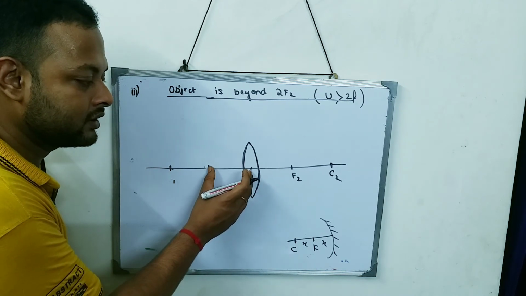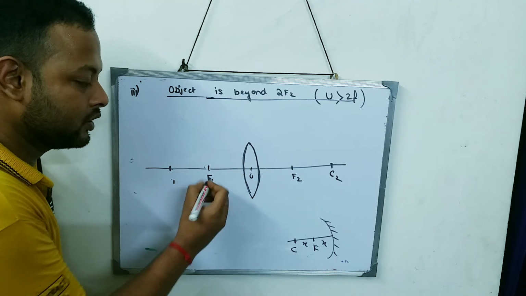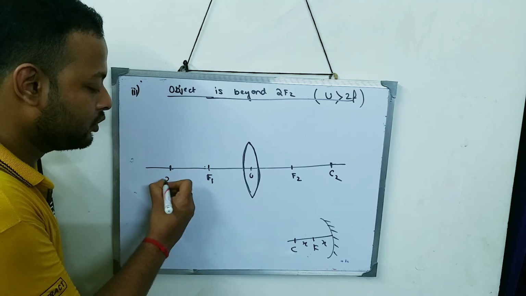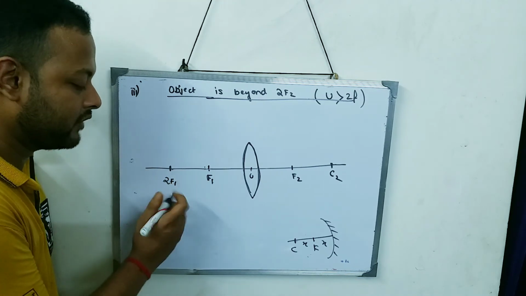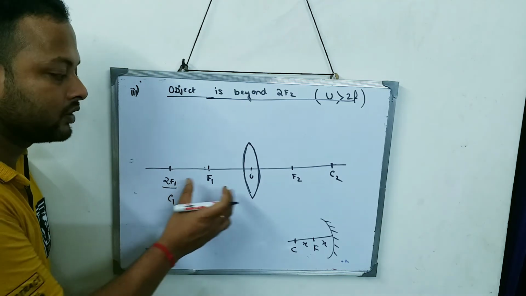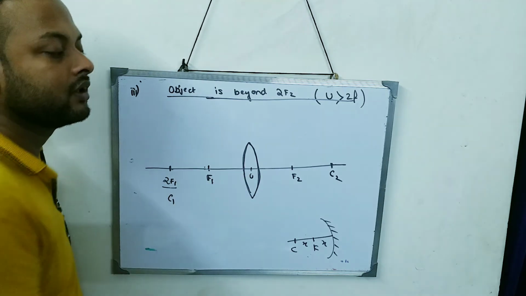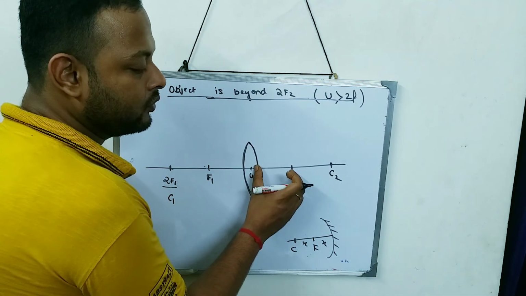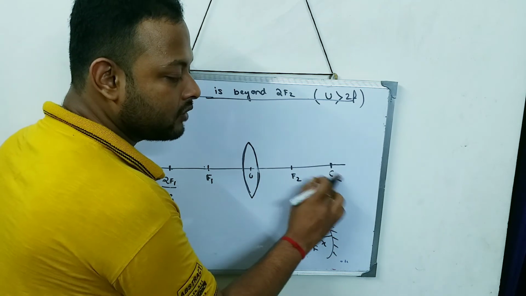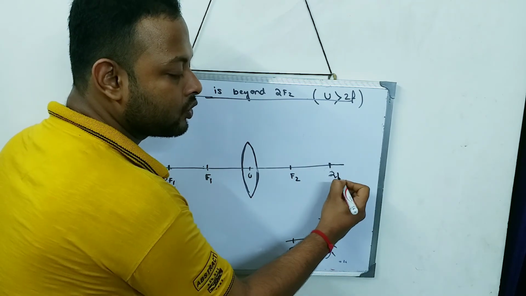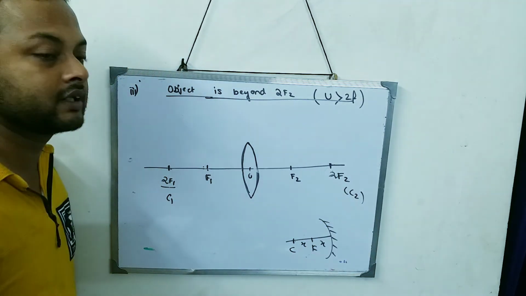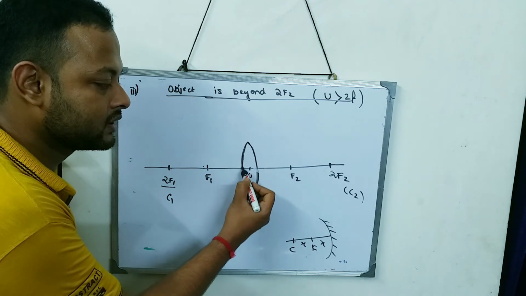So if this focal length is x, this will be 2x. So if this is f1, this will be 2f1. This center of curvature, which I previously called c1, is nothing but twice f1. Similarly on the other side, if this is f2, this distance becomes twice f2. So instead of writing c2, I'll write twice f2, which means the second center of curvature for this surface, okay?